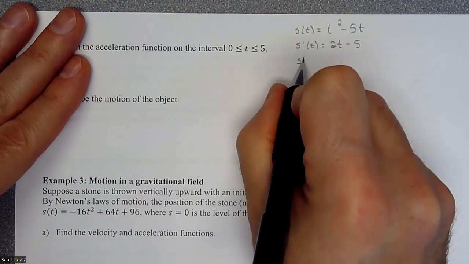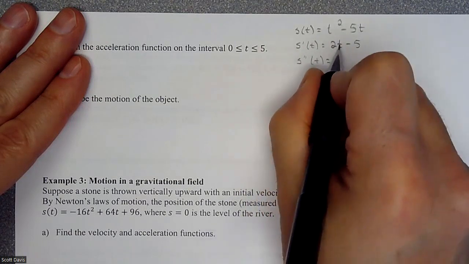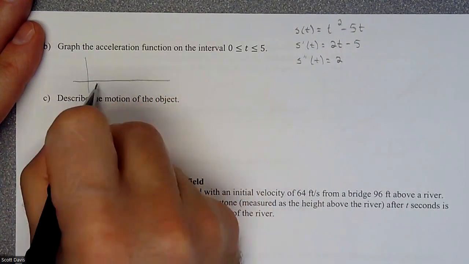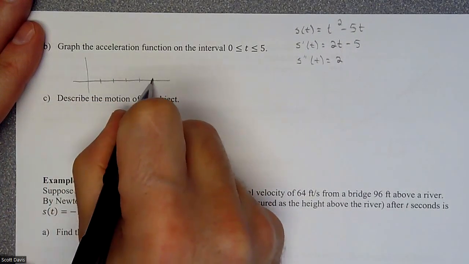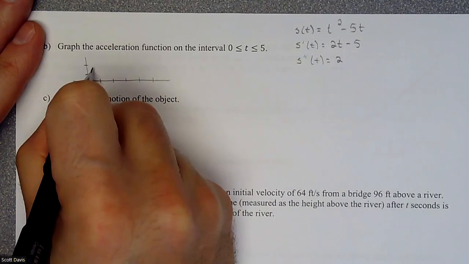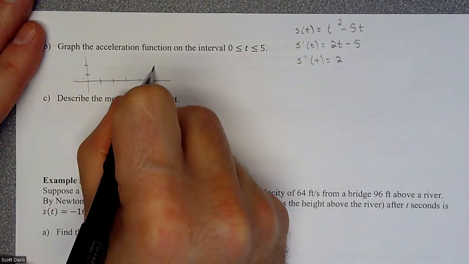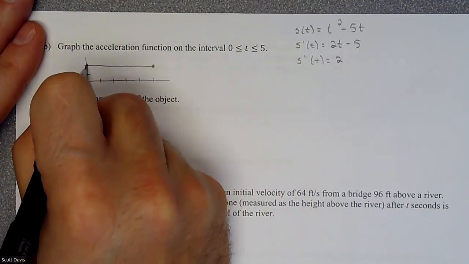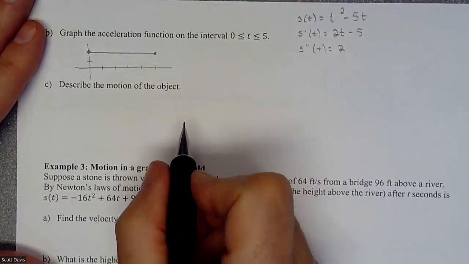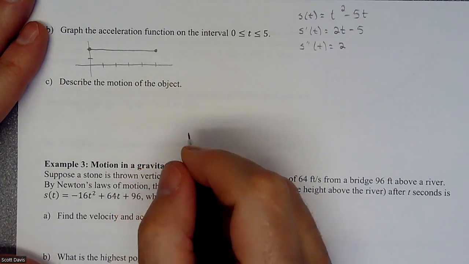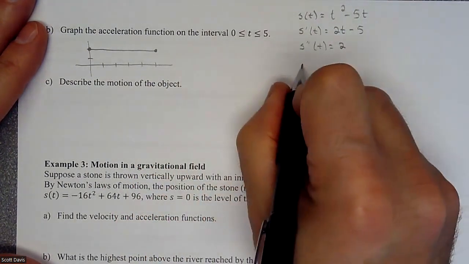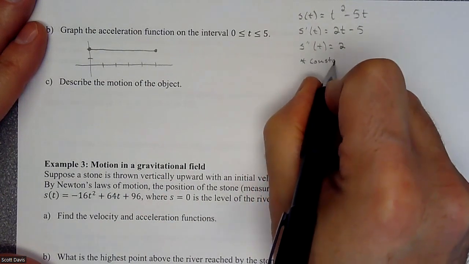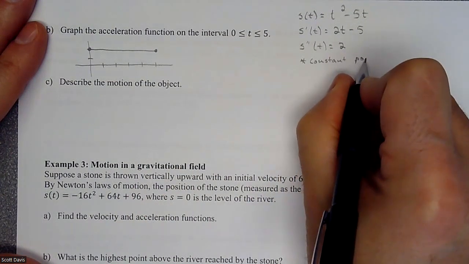And then our second derivative, which is our acceleration, is just 2. So graphically, from 0 to 5, we are at a height of 2. That all means is that our acceleration is just constant. That's the biggest thing to it. So constant positive acceleration.